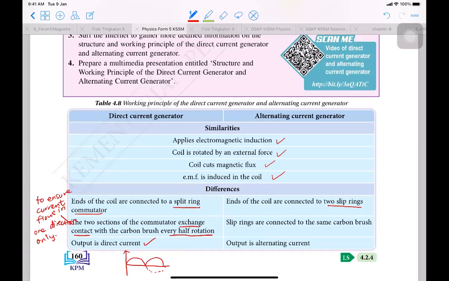For AC generator, the slip rings are connected to the same carbon brush, so that's why dia punya rotation itu, the connection is not interchanged, and it is able to flow in both directions, whether positive or negative direction. So the output is AC. So itu dia punya differences and also similarities for AC generator and DC generator.